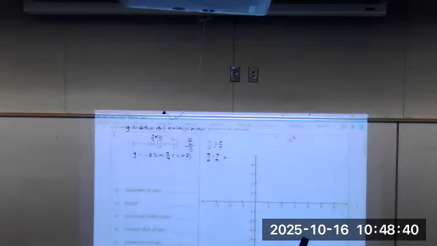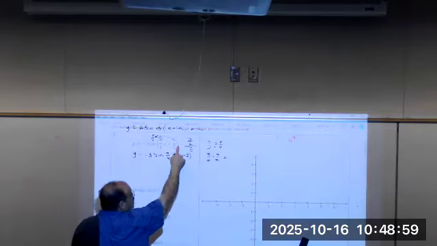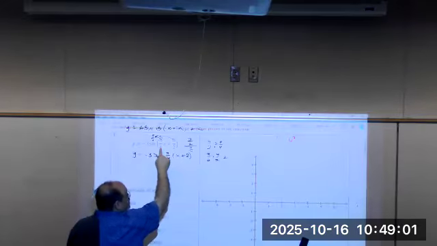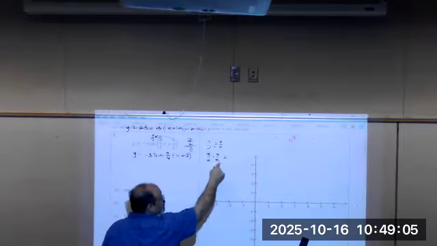You don't have to show all that, but that's how you get it if you don't see it. Does it make sense? When you're factoring out a fraction like this, you're dividing, so you're multiplying by that fraction's reciprocal. Whenever you're factoring out a fraction, you're dividing by its reciprocal.